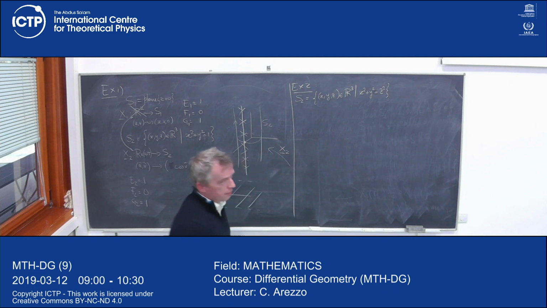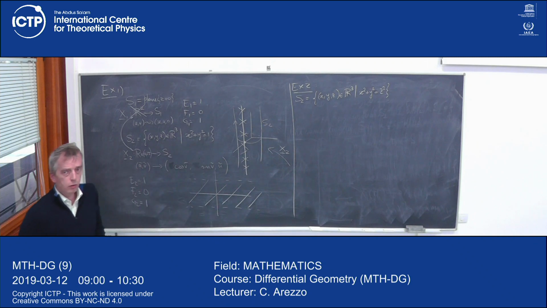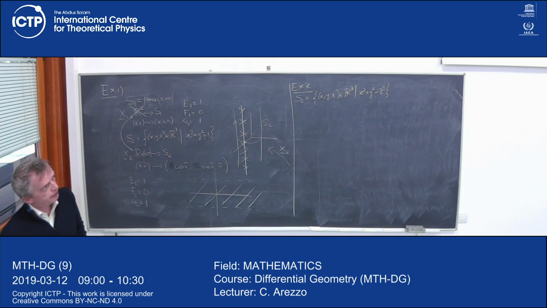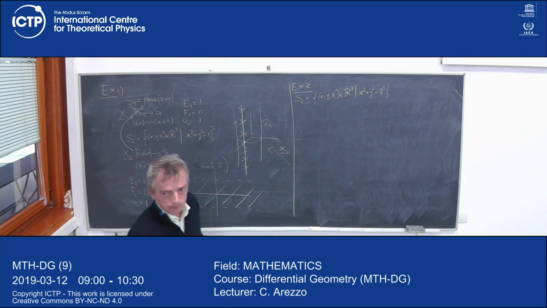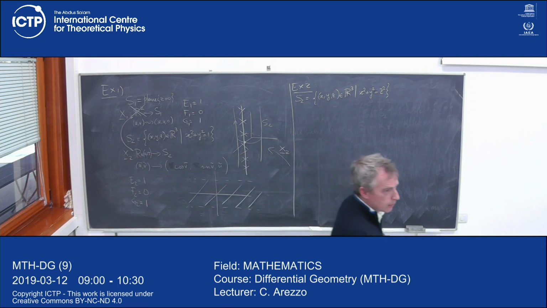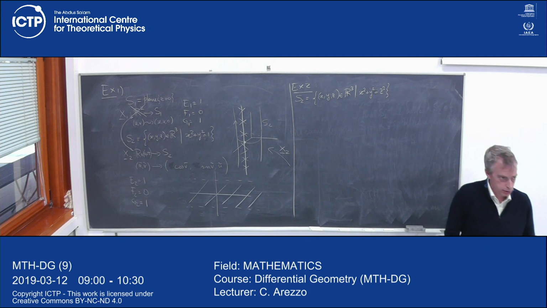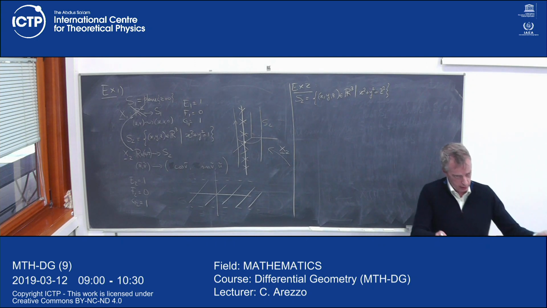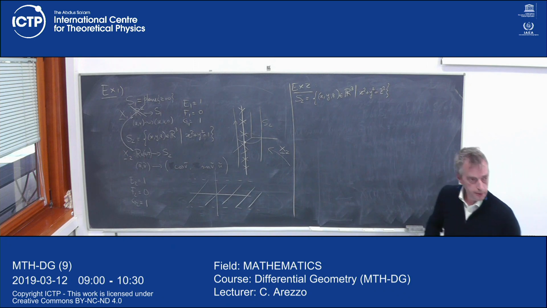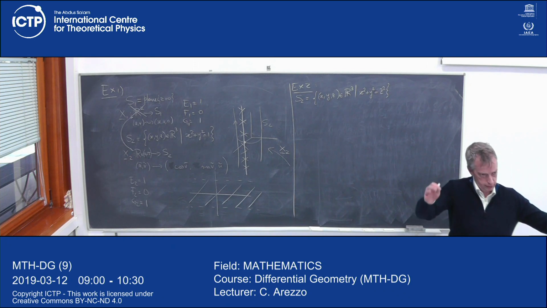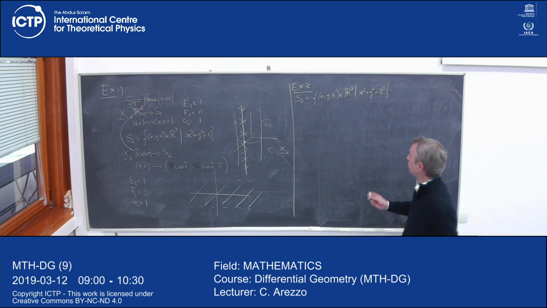Now, if I just stop there, there is a problem. Can you see which surface this is? Yeah, so there are two proposals. It's not this one, it's this one.